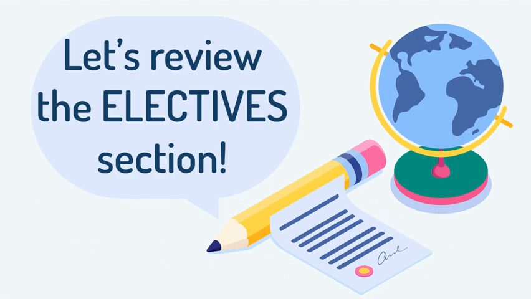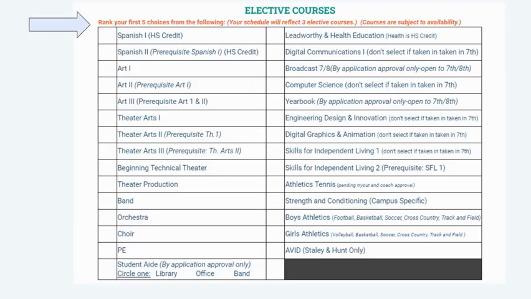Let's review the elective section. In 8th grade, physical education is not a requirement, so you will see that it's listed here on the elective choices. We asked students to rank their first 5 choices of the following on the schedule card. Your schedule will reflect 3 elective choices.